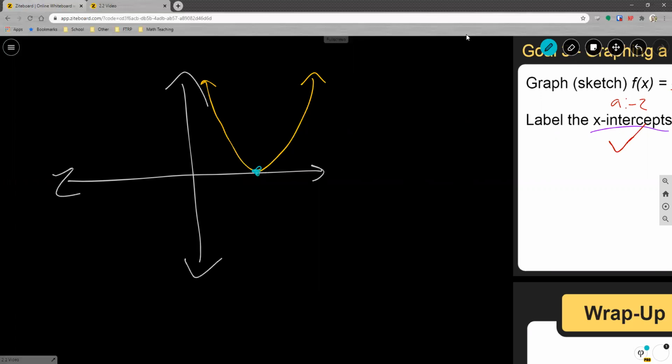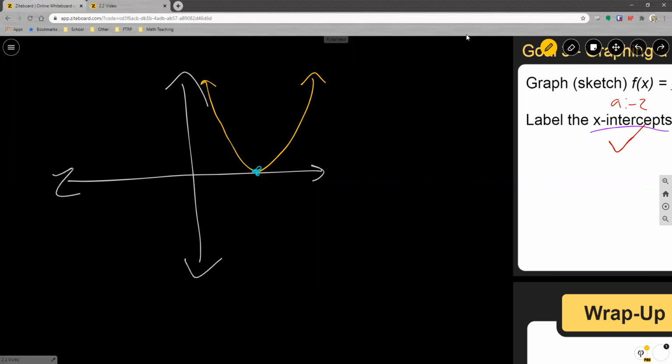That's the only way we can have one intercept, because the second the quadratic drops even a slight bit underneath the x-axis, that means I've got 2 intercepts. And if it doesn't touch the x-axis ever, then I've got 0 intercepts.